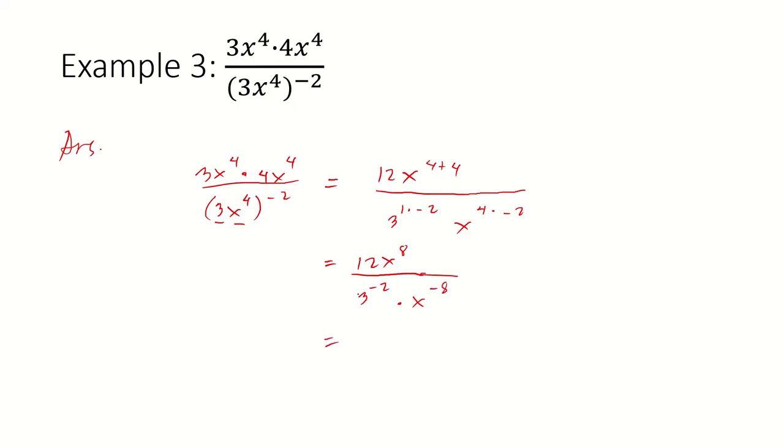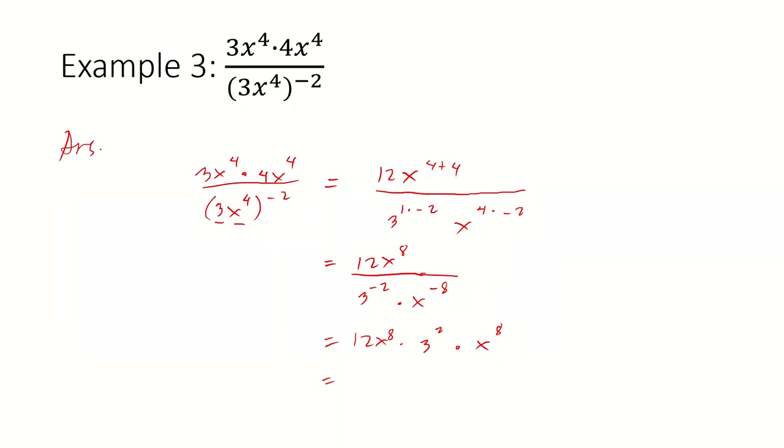So, kung napapansin niyo meron tayong mga negative exponents. So, ibig sabihin, ililipat natin sila sa numerator. Times 3 to the power of 2 times x to the power of 8. So, yung 3 squared natin is 9. Hindi yan 6 ha, kasi exponent yan, yung 2 natin. 3 times 3 is 9.